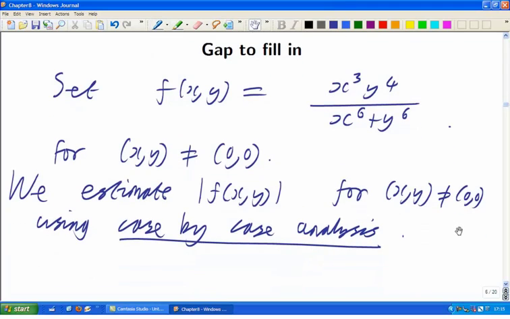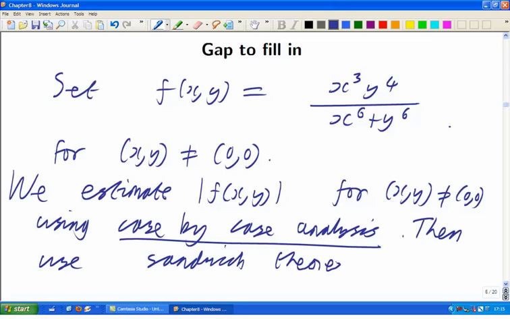And then we're going to use the sandwich theorem. Now, this is going to be a relatively easy case-by-case analysis. There are lots of situations where you have to do something slightly more sophisticated, but the basic idea is often the same.